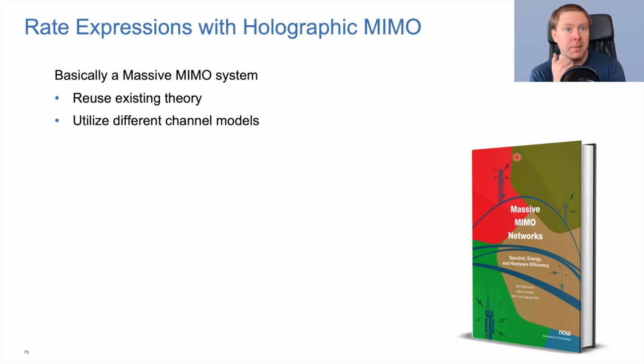When it comes to holographic MIMO, I haven't presented much mathematics in terms of rate expressions. And the reason for that is that it is basically a massive MIMO system. We can reuse existing theory, for example, from my book, Massive MIMO Networks. The important thing is that we need to utilize different channel models to get something that is physically accurate for the propagation environments of importance.